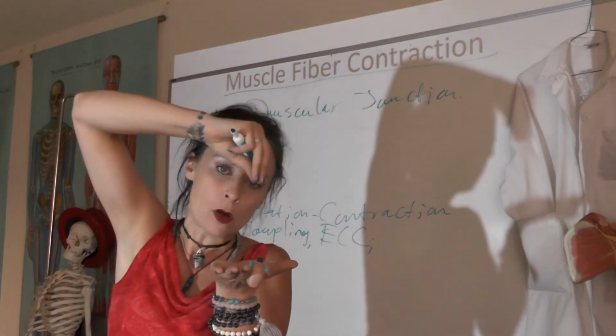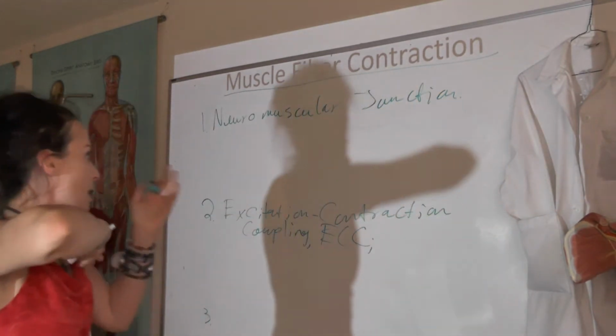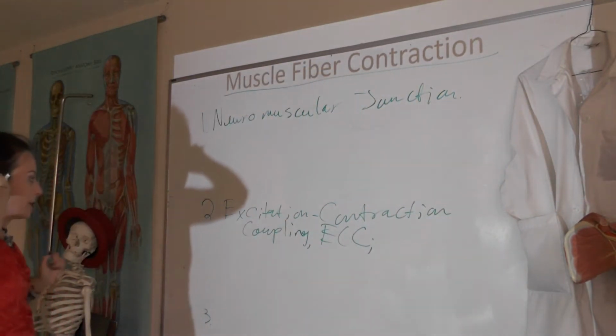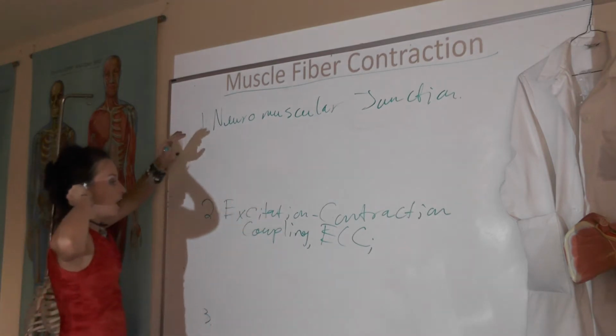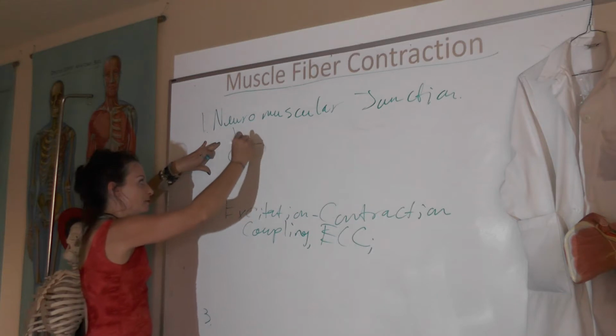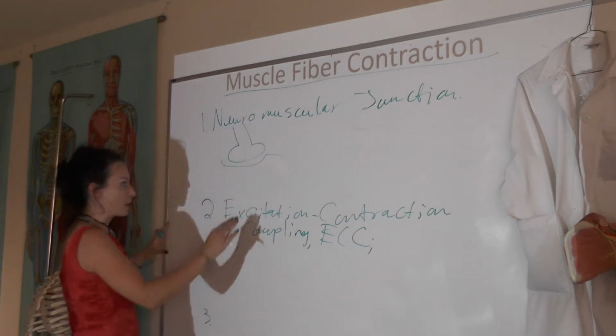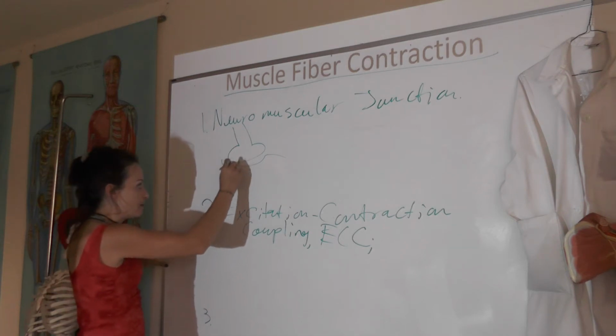It's where a lower motor neuron that you've already learned about makes contact with the muscle fiber, which is what we're learning about right now. So our neuromuscular junction is that. And then what's going to happen right there is that we're going to excite the muscle.